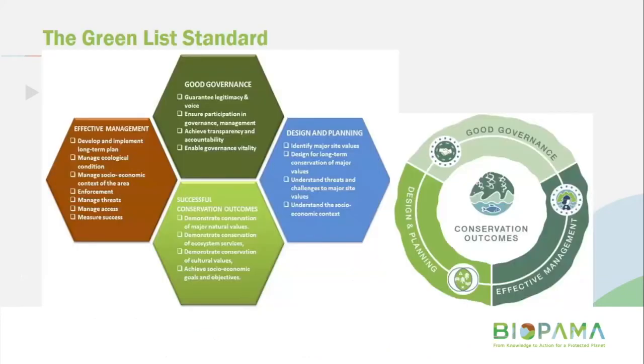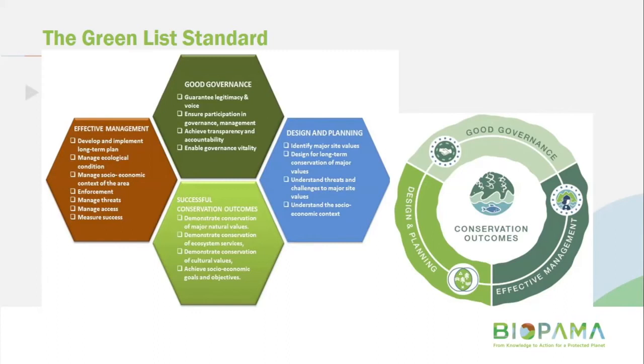The green list has four components that organize the criteria and indicators that describe good management. The four components are good governance, effective management, sound design and planning, and successful conservation outcomes.